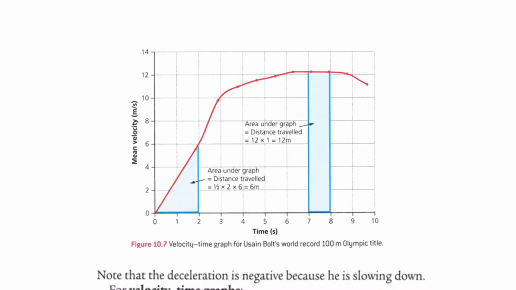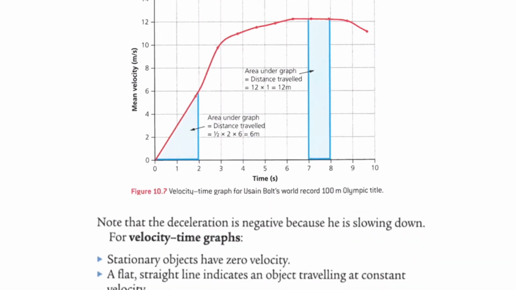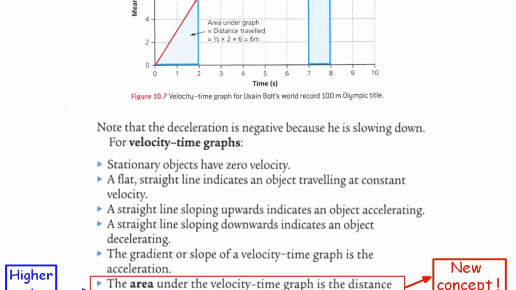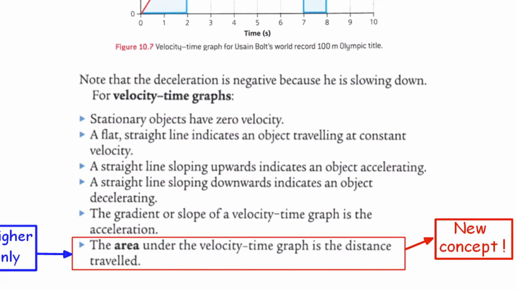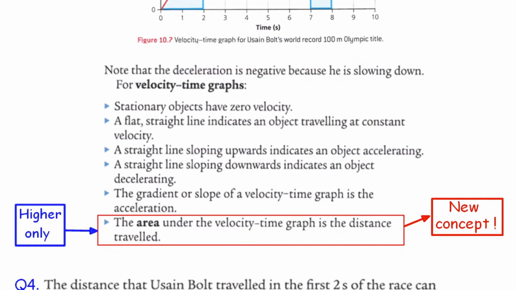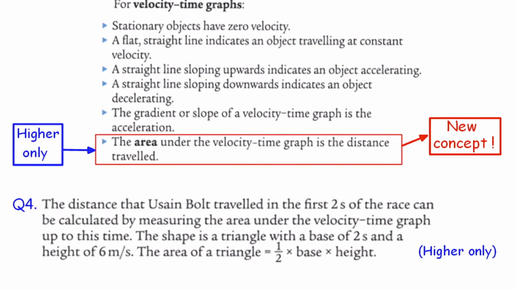Moving on to page 21. This really is a recap of what you just learnt. I'm not going to read through all of that, or I'll just be repeating myself. And just remember, as it shows here, only higher tier need to learn that.